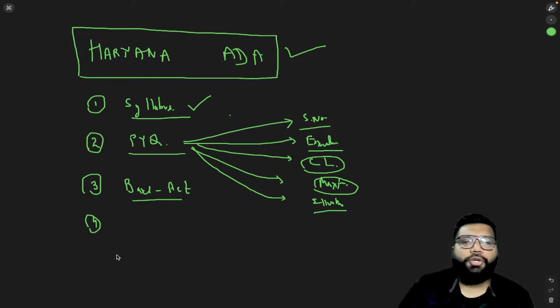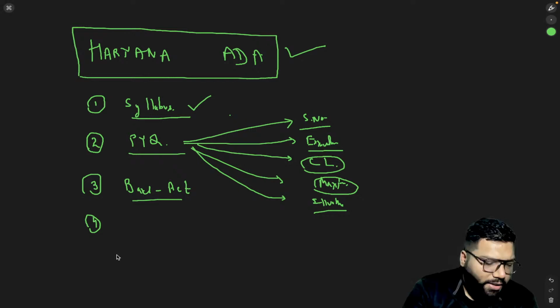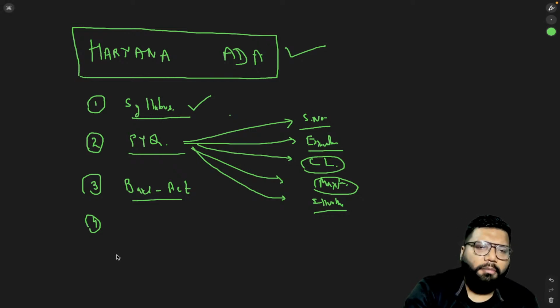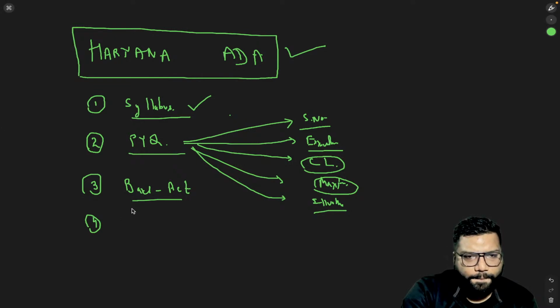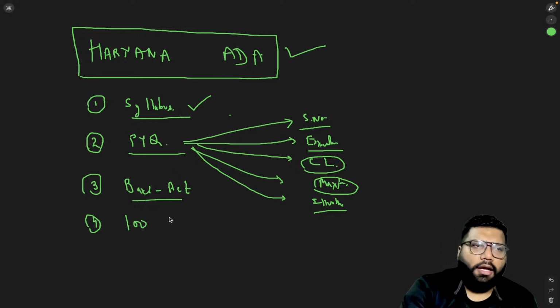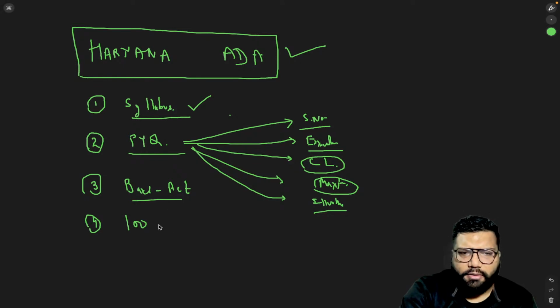Then coming to the objective. What should be your aim? As per the syllabus, it is about 100 marks. You will get 100 questions, and each question is of 1 mark. Your aim, if you are from the general category, should be a minimum of 85.